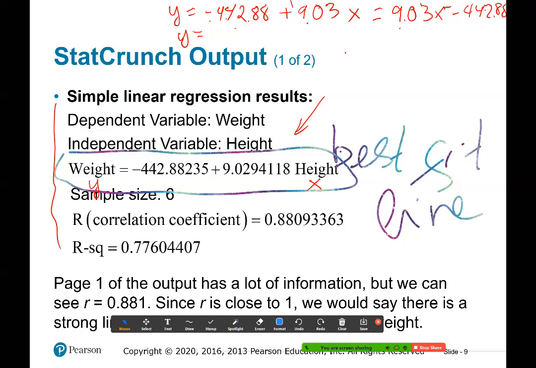So it's exactly like mx plus b, where m, the slope, is 9.03, and b is negative 442.88. So StatCrunch also helps you get the best fit line or model line for drawing in the graph of the association between weight and height.